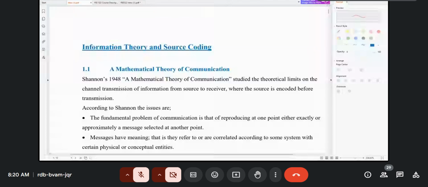The whole idea was you should be able to get the message that was sent, because whatever message was sent will be a symbol from a certain group of symbols. At the other end, you have to know which symbol it was as accurately as possible. Those are the issues the channel deals with.